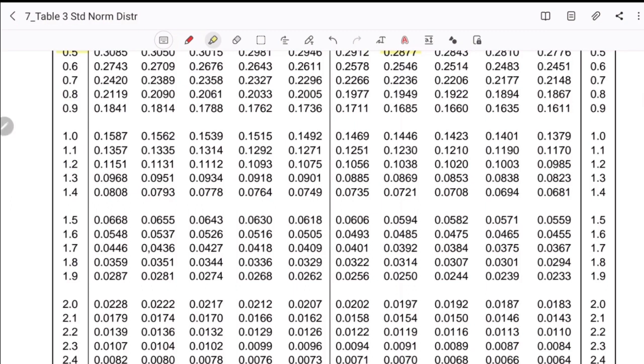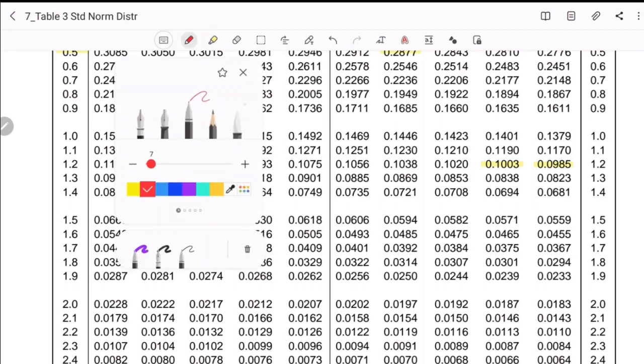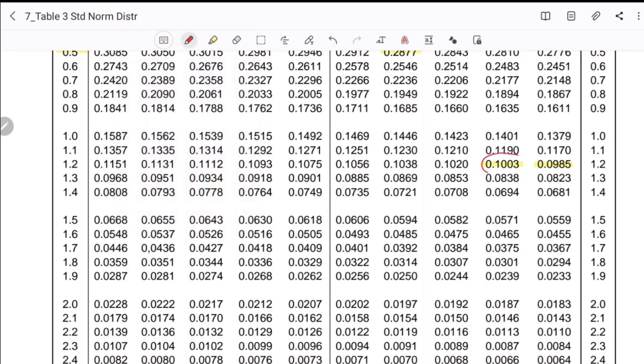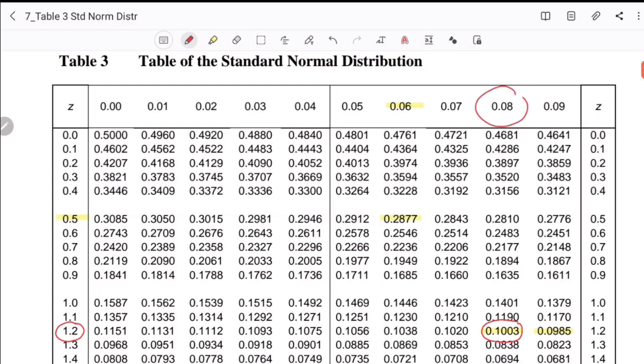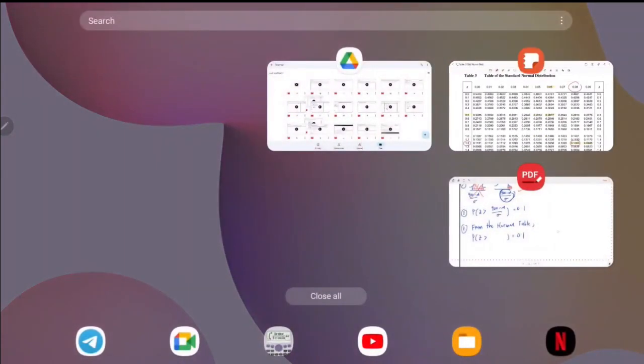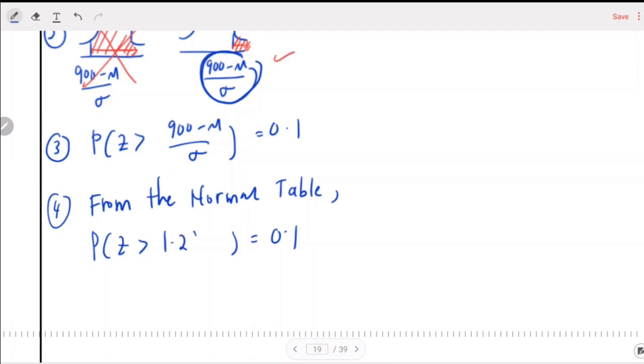So I guess the closest to 0.1 is either here 0.1003 or 0.0985. So the closest one is obviously 0.1003 because the difference is 0.0003. So the value of Z is 1.2, and then for the second decimal is 8. So 1.28.